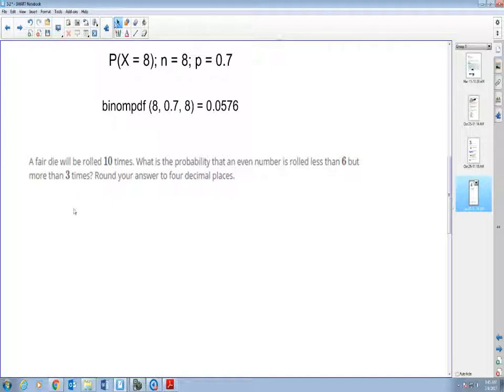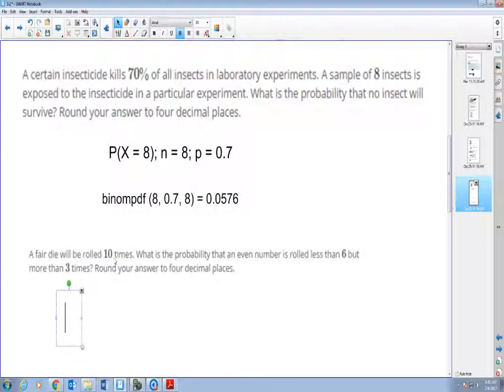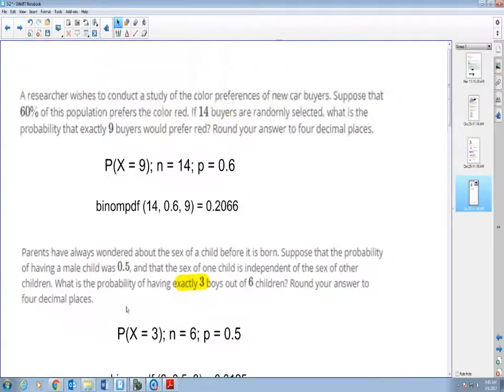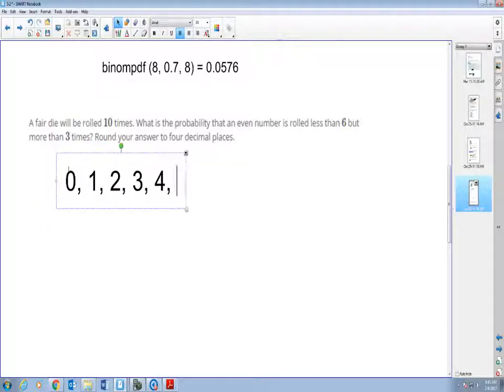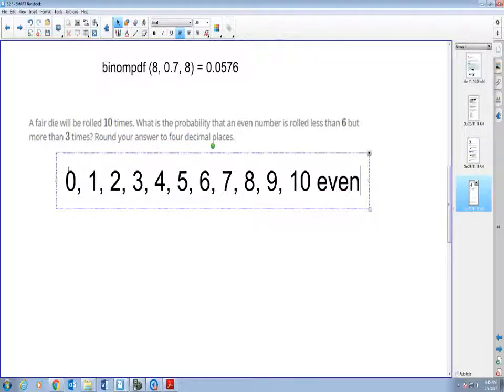So let's take a look. Can I roll 0 even numbers? Out of the 10 rolls, I can have no even numbers, or 1, 2, 3, 4, 5, 6, 7, 8, 9, all the way up to 10 even numbers.